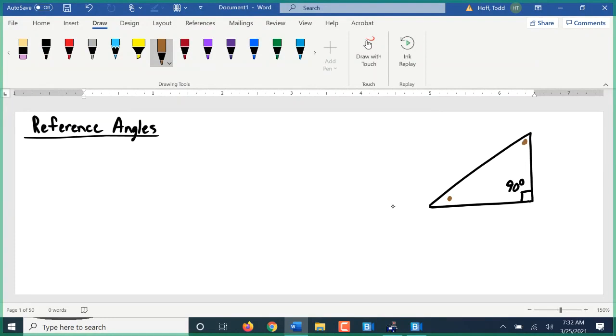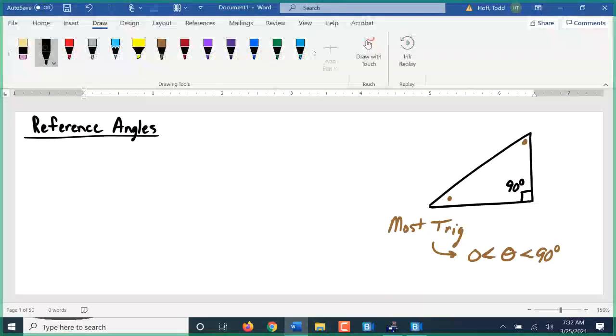So most of the trig that we do is with angles between 0 and 90 degrees, I should state, because obviously those can't be less than 0 degrees. But the trig functions do exist for those other angles.